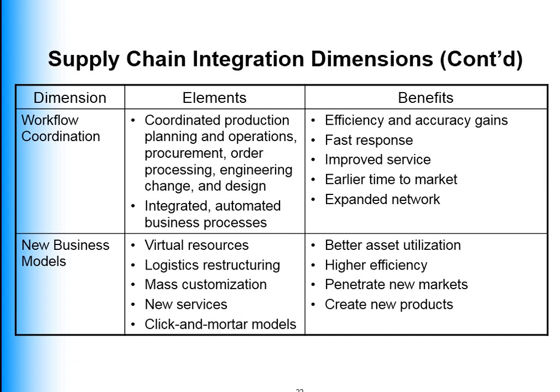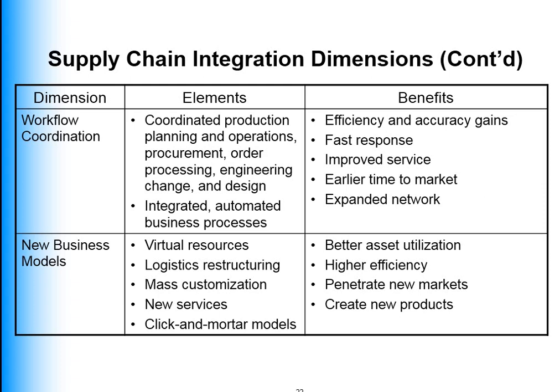Supply chain integration dimension. In workflow coordination, the elements are coordinated production planning and operation, procurement, order processing, engineering change and design, and integrated automated business processes. Having those, the system is going to be easy for the workflow coordination, since again every system is integrated, and every department is allowed to see what is happening.